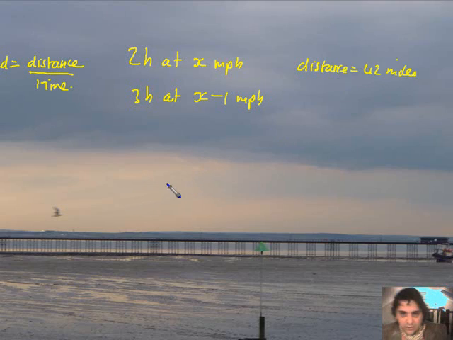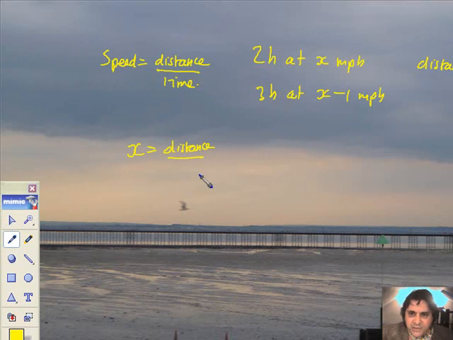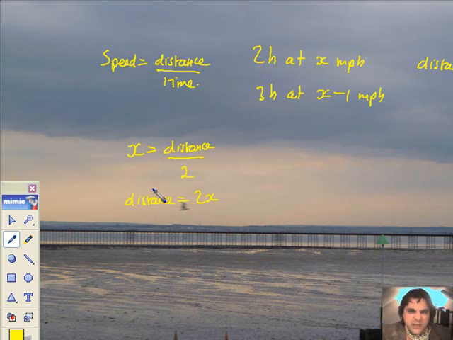Oh, horrible, horrible, horrible. What have I got here? I've got speed is x equals distance divided by the time, which is 2. That's that one sorted. So the distance is going to be 2 times x, taking the 2 over and multiply. That's the first bit of the journey.